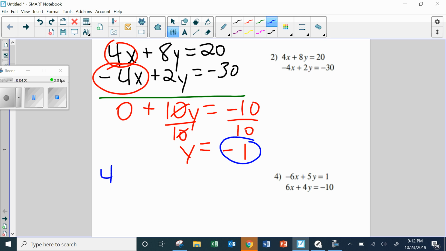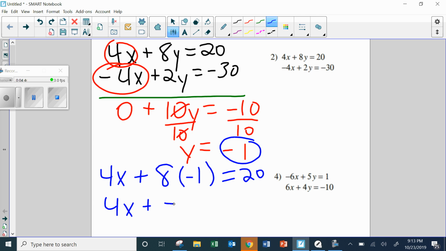So I still have 4x, nothing changes there. Everywhere I see a y, I'm going to replace it with negative 1, just like it's circled here in blue. So I did have y times 8, but now instead I'm going to make it negative 1 times 8. That's going to equal 20. So now I have 4x plus negative 8, or you could say subtract 8, equals 20.